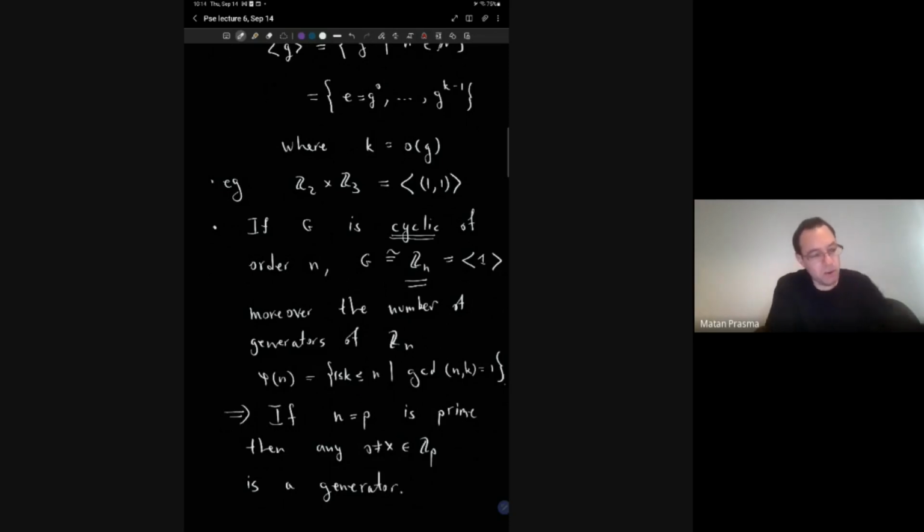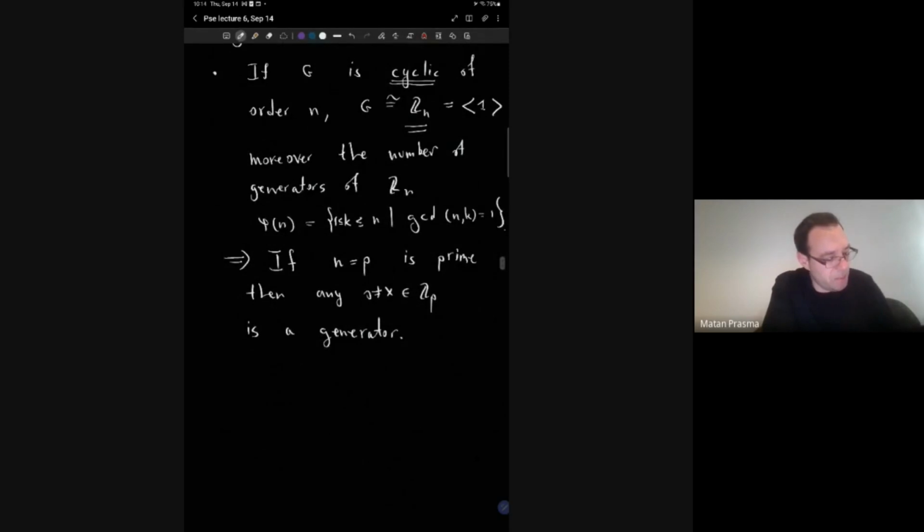Okay, and so you can think of Zp as, I mean, in Zp we use additive notation, so instead of g to the n I write ng, but it would be like e, g, 2g, up to (p minus 1)g, and you can do it for any g.